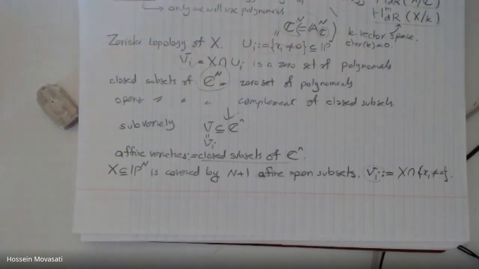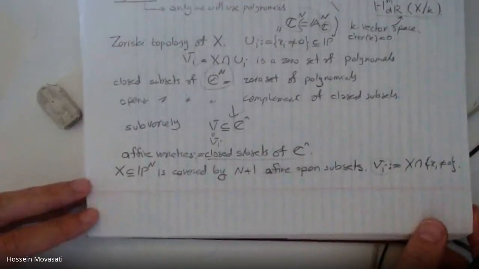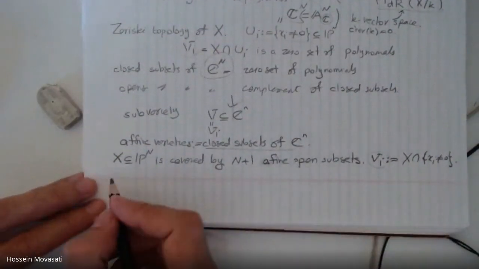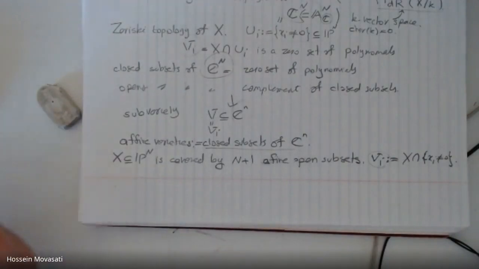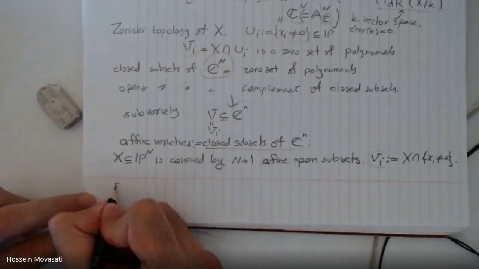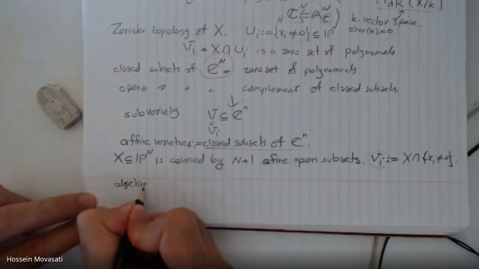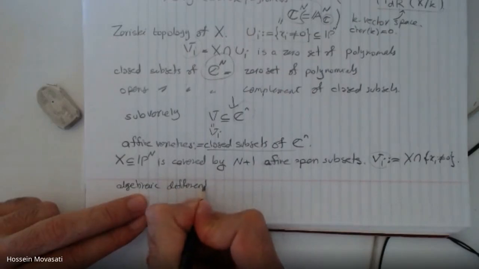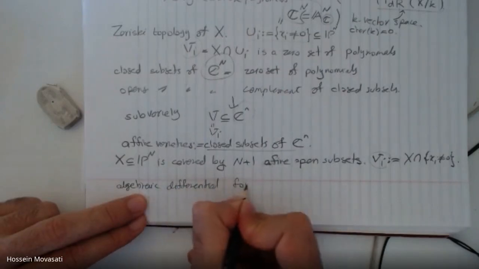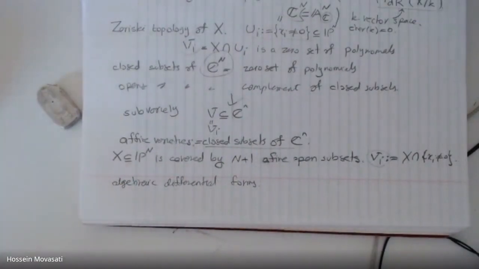And maybe what else I can say? Okay. Now, what else we need is the concept of differential forms, algebraic differential forms.